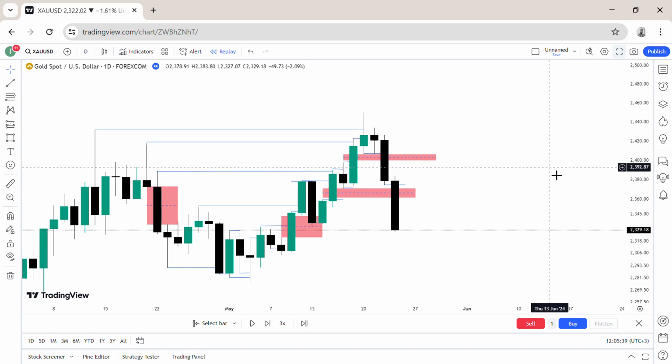I think this is enough for you to grab my idea or my perspective, just telling the next day bias if you're a day trader. And you can do this again. You can use the weekly candles or the monthly candles if you're a swing trader. You just do the same thing, and you will get the same results.